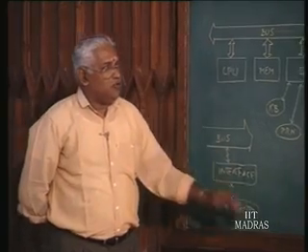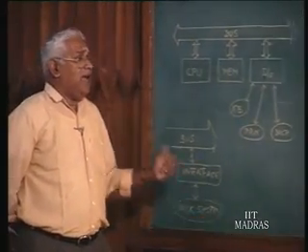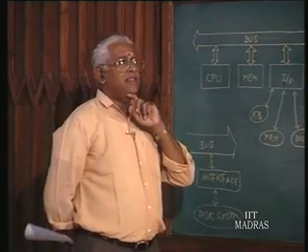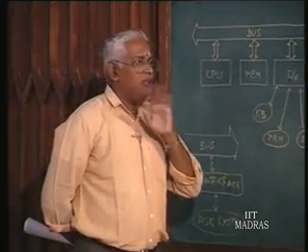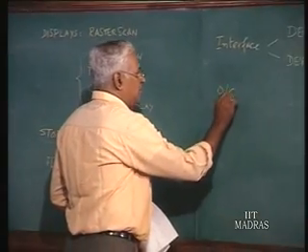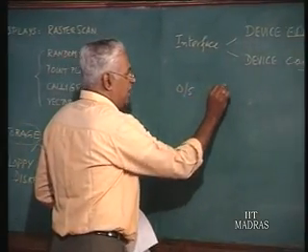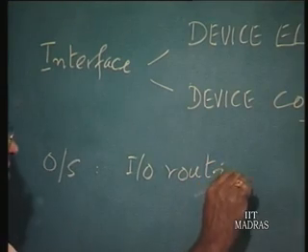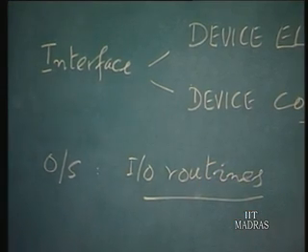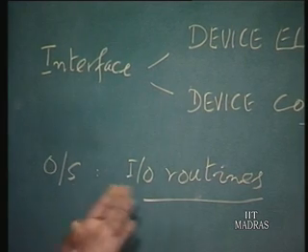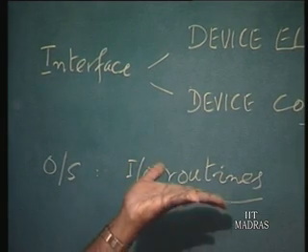So, the controller part of it is what we are saying, and recall, I was telling you that as part of the operating system there will be IO routines. I also mentioned that these IO routines are standard and part of the system, that is, one user need not keep developing them.